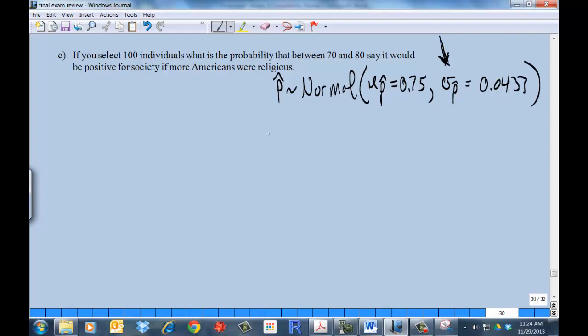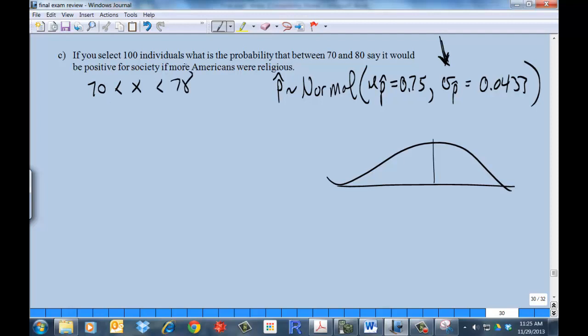So now let's figure out what we're going to say here for p hat. Now between 70 and 80, what we have to do is calculate those two percentages. So we're saying that x has to be between 70 and 80.